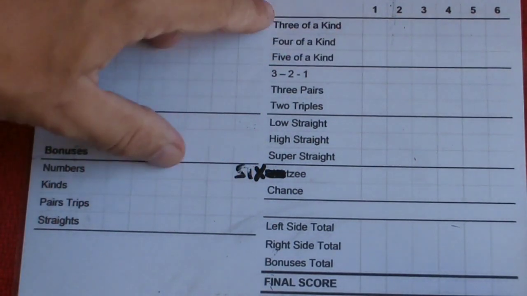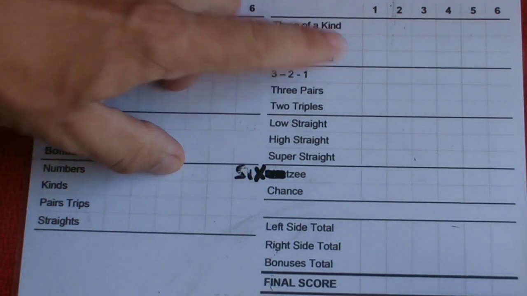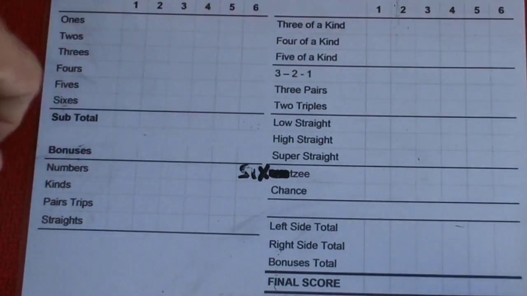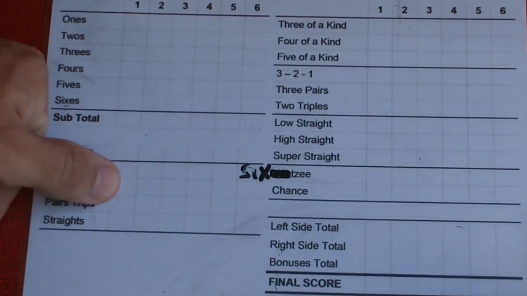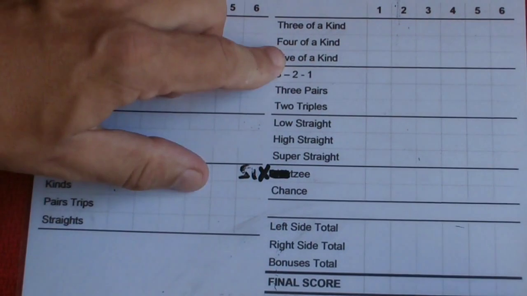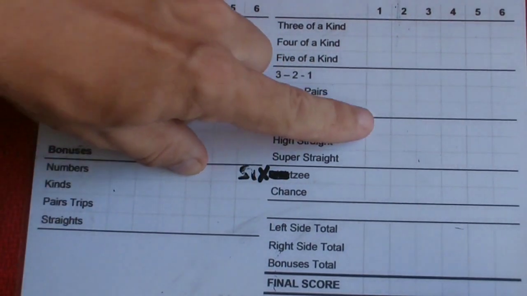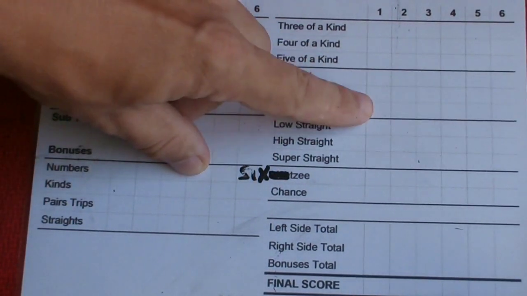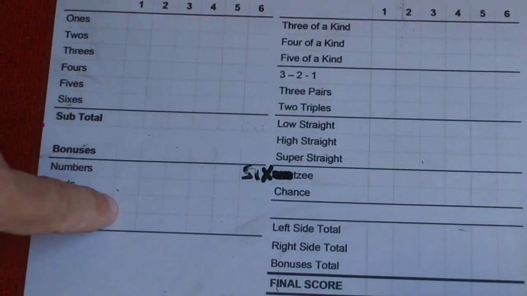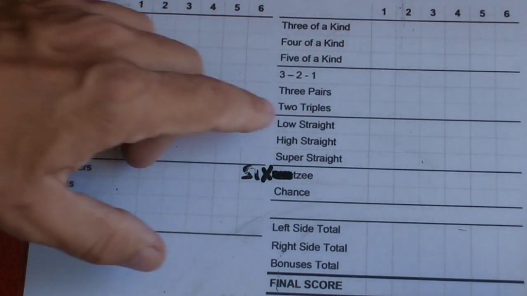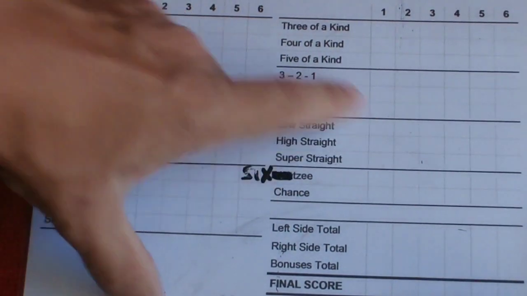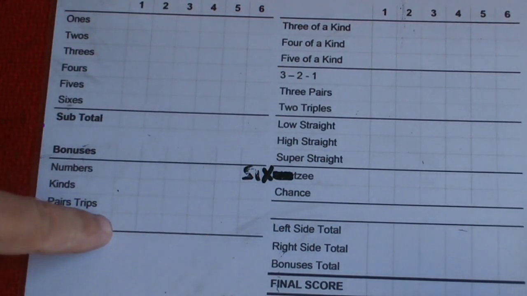So if I get more than 0 in 3 of a kind, 4 of a kind, and 5 of a kind, then I score a 30 point bonus, which I can put down here. For the pairs and triples, as long as I get more than 0 in each of those 3 boxes, I can put 30 in the bonuses here. And the same for the straights. If I get all the straights, here I can put 30 points.